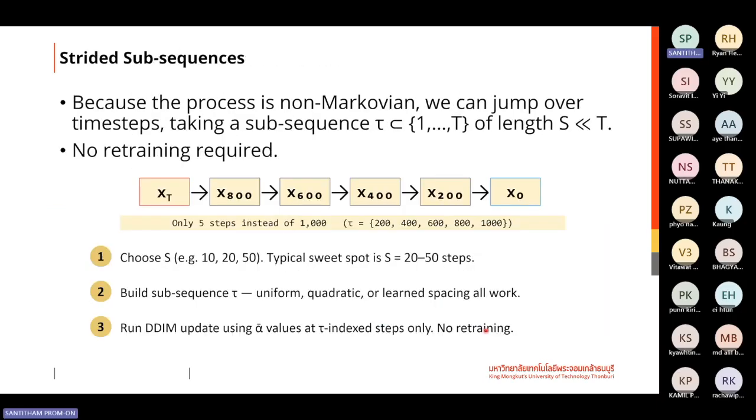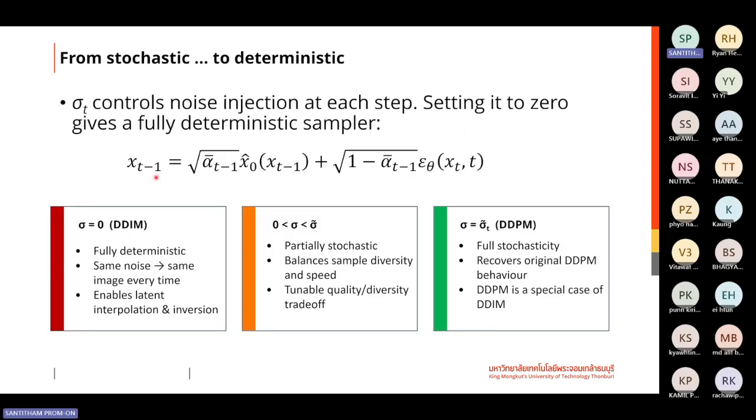Because now it doesn't depend on the previous step, right? xt depends on the predicted x0 from xt minus 1 and the predicted noise.